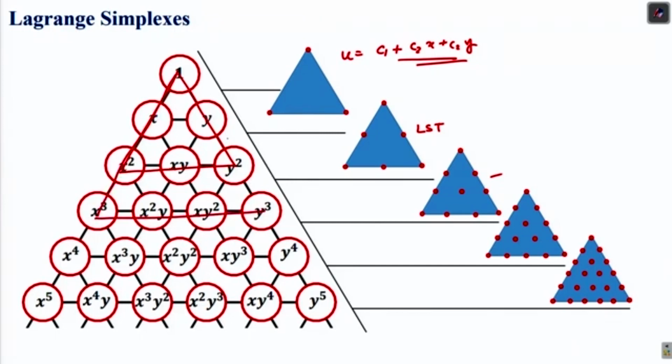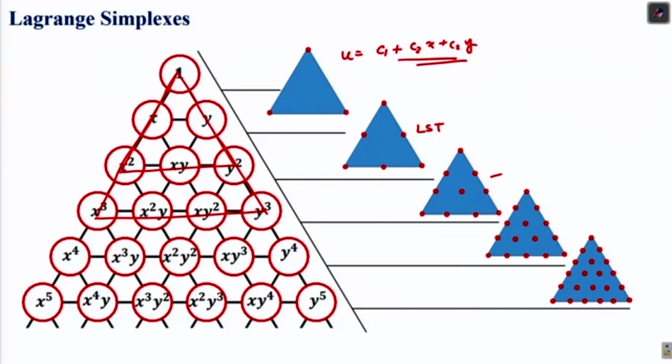So if you compare this triangle with the positions of the nodes in the element, you will see that every node corresponds to one entry in this triangle, in the Lagrange simplex. This gives an idea of what our starting point, our starting approximation, should be when we have to construct a shape function for these kinds of elements.